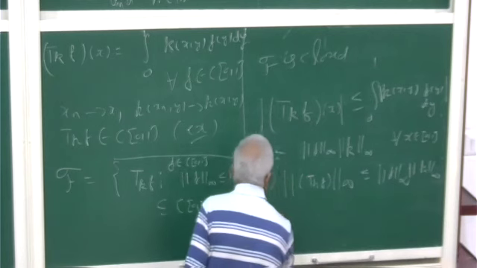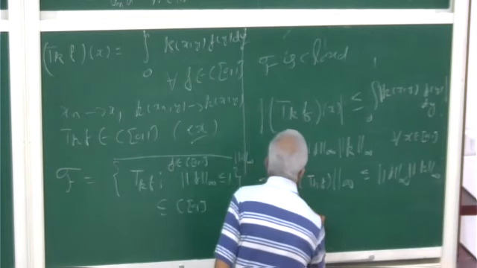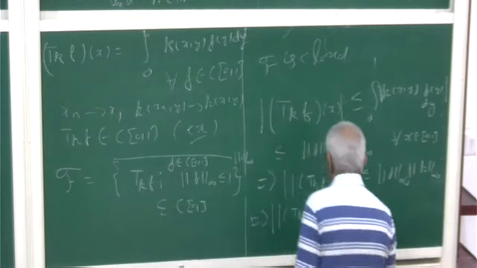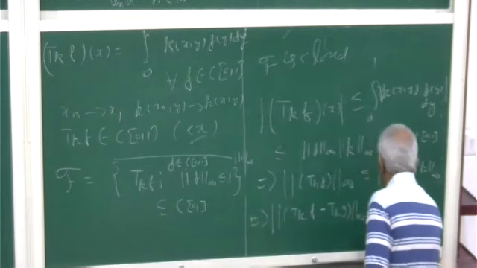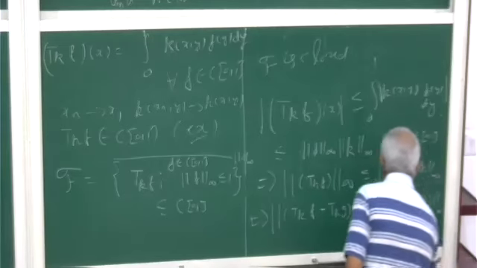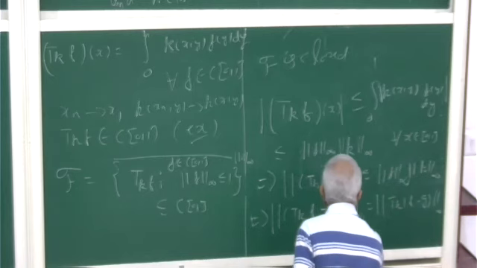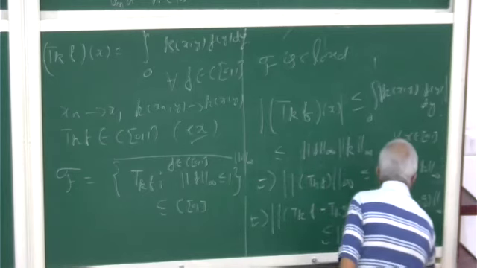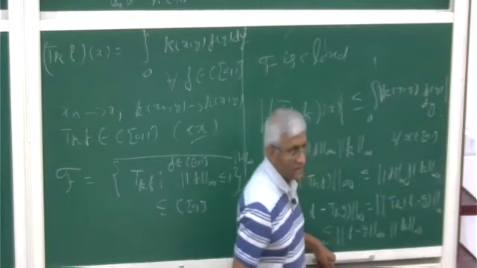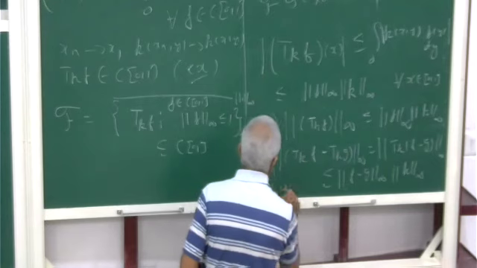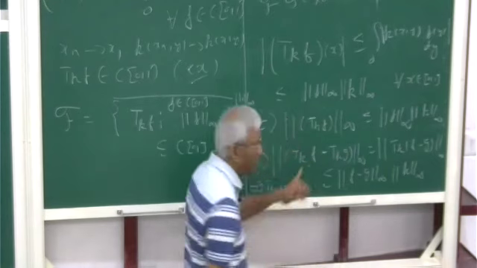So this implies the norm of TKF minus TKG infinity is equal to the norm of TK of (f minus g), which is linear, and is less than or equal to, by the same thing, norm of f minus g infinity times norm of k infinity. This implies TK is continuous, uniformly continuous in fact.